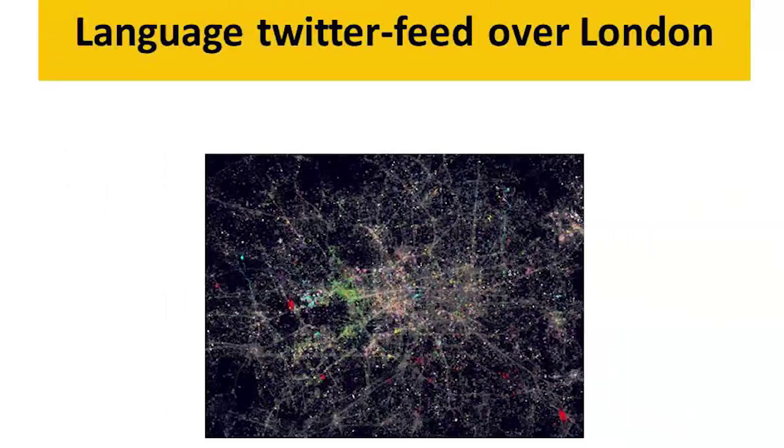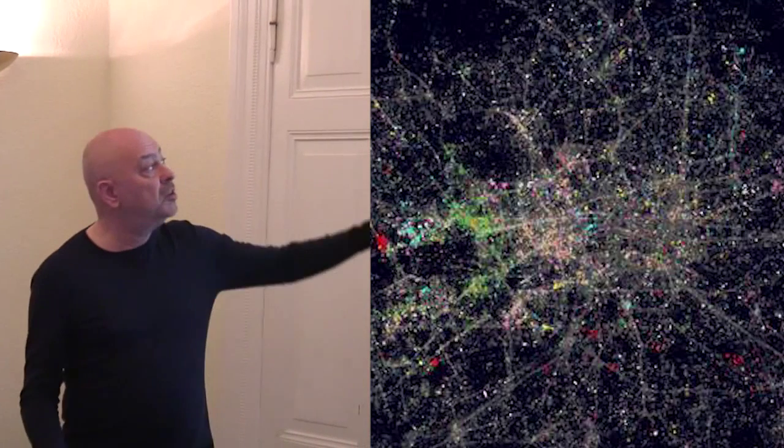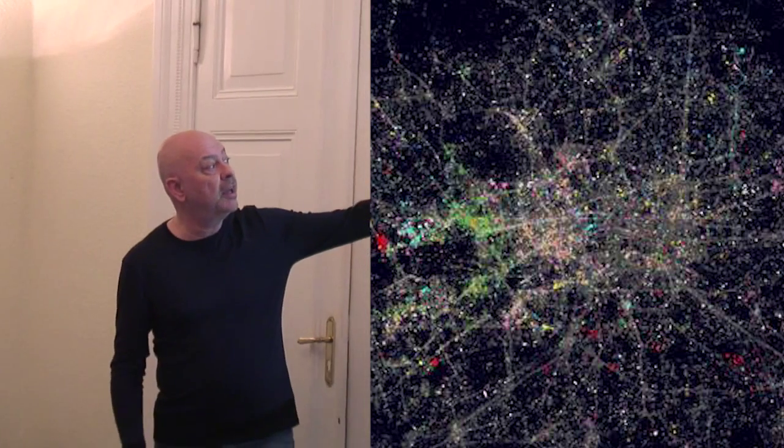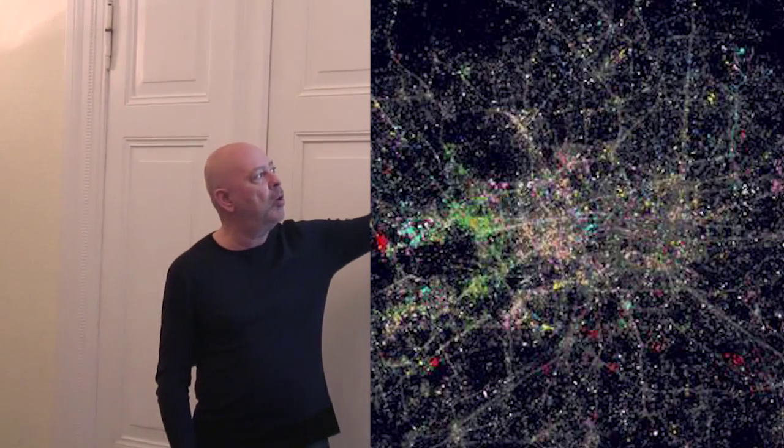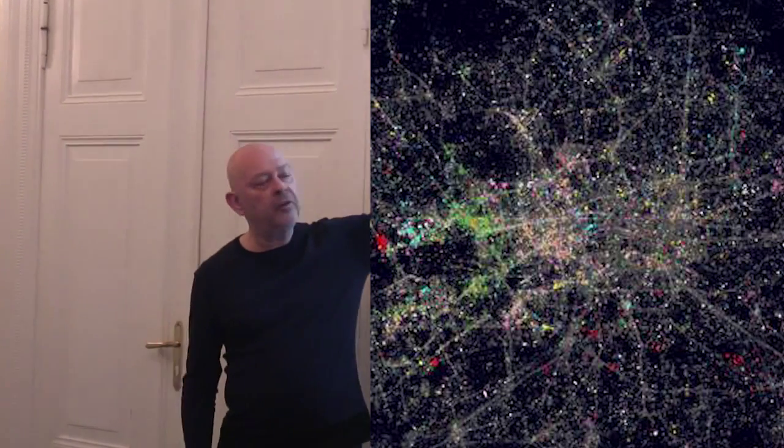The colours aren't coming up so much, but this is a language Twitter feed over London. So these are all different things, there's more colours in there, but they all identify the different languages spoken on Twitter in London at night. I don't know whether they do this at night rather than the daytime. Most commonly spoken languages, again, the colours aren't coming up quite well, but they've done a sort of map.